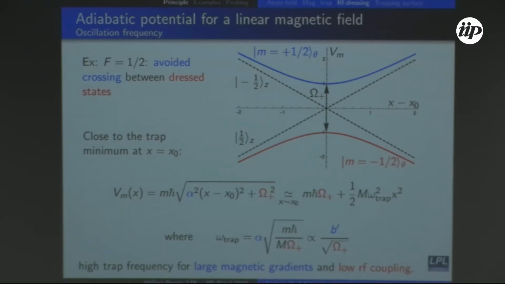And it is exactly the same formula as for a Joffe-Pritchard trap, where it was B prime at the top and the square root of the offset B0, which was along that. So this one plays the role of the offset, and the gradient stays the gradient.